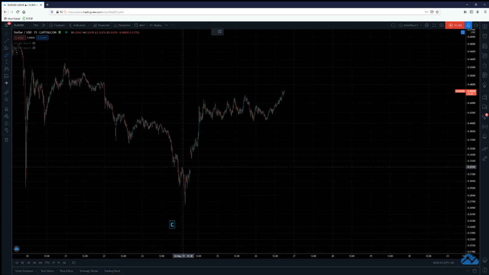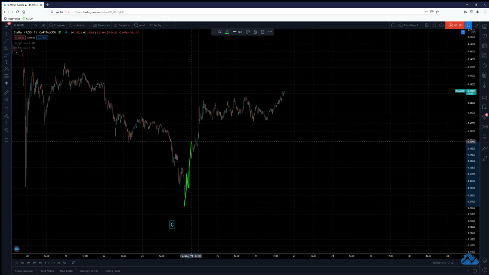But how is that a wave 3 gap when this doesn't really look like a 5-wave move? You could argue that, okay, maybe this is 1, 2, 3, 4, 5 type thing.